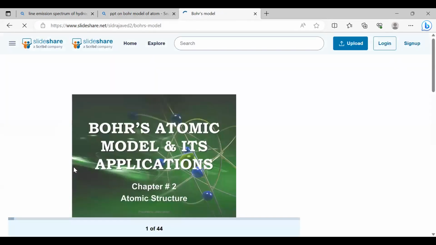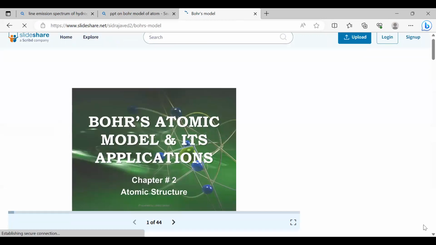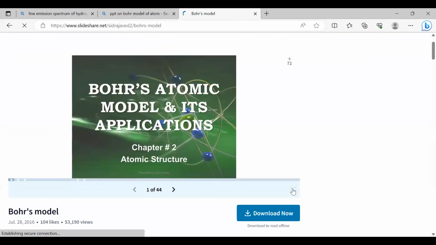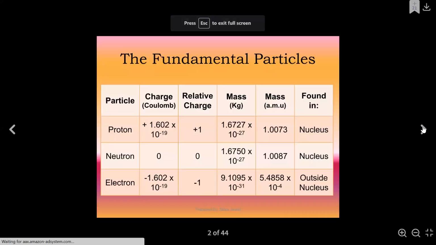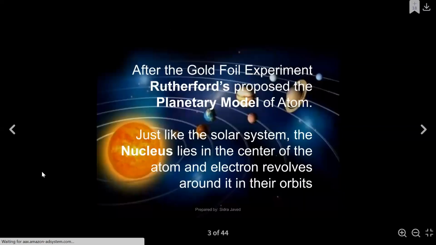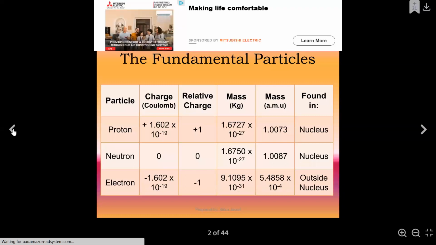No, sir. So then I will just be showing you a bit of the Bohr's atomic model. Have a look at this once. The fundamental particles, protons, neutrons, electrons, their charge, their mass, and where they are present.